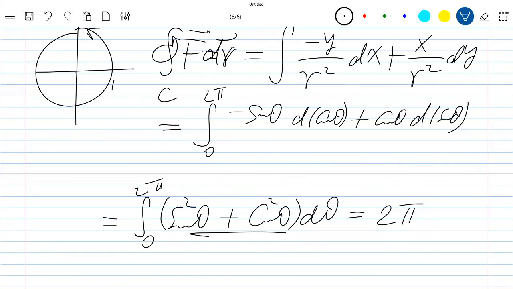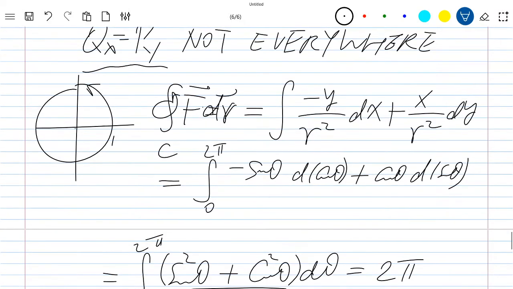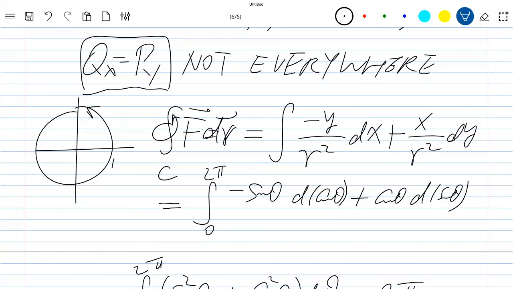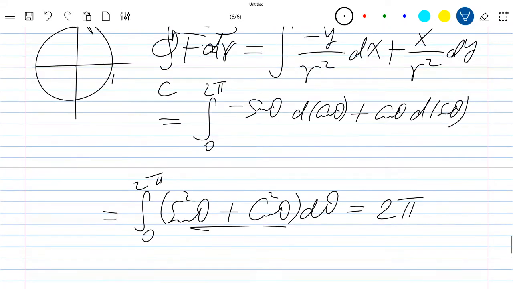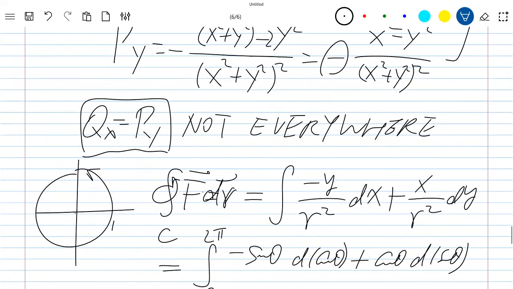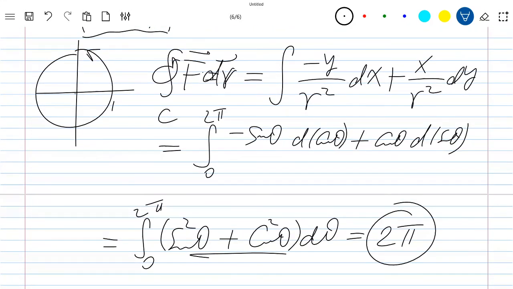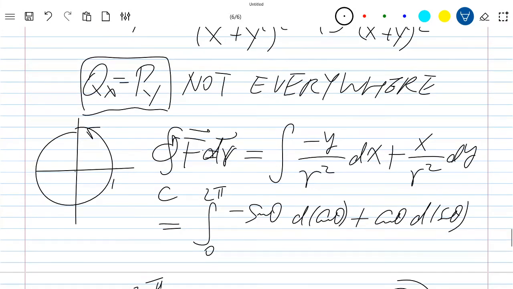So this does not mean the Green theorem fails, because Green theorem says it must be 0 only when the condition is satisfied everywhere, but now it failed at this particular point. Well, but this gives us something. Although it's non-zero, this is a universal constant. Let me show you why.